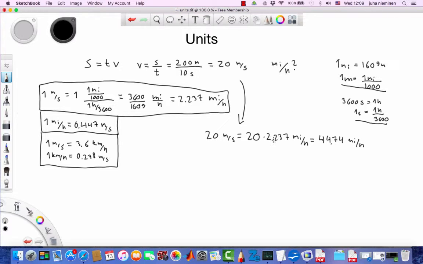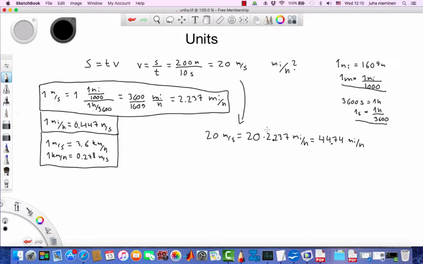And this brings us to a quite important topic as well. So how many numbers should we present in the final answer? And the answer is as many as there are significant figures in the less accurate number. So what this means is that we are multiplying 20 by 2.237.